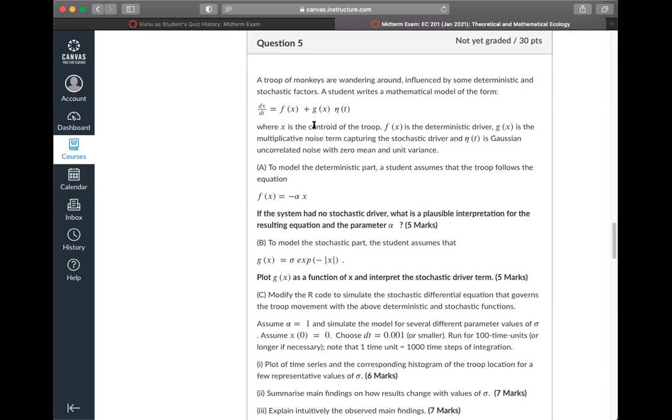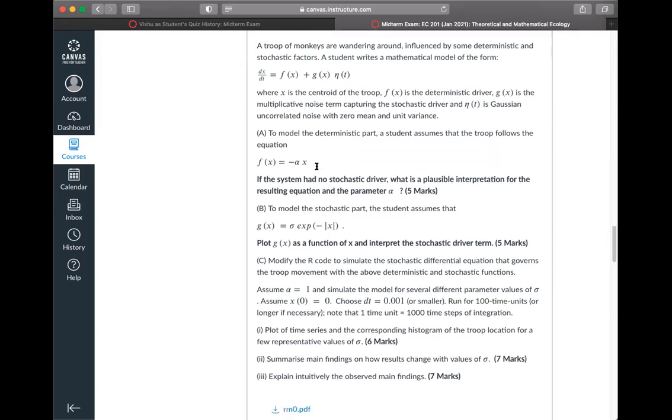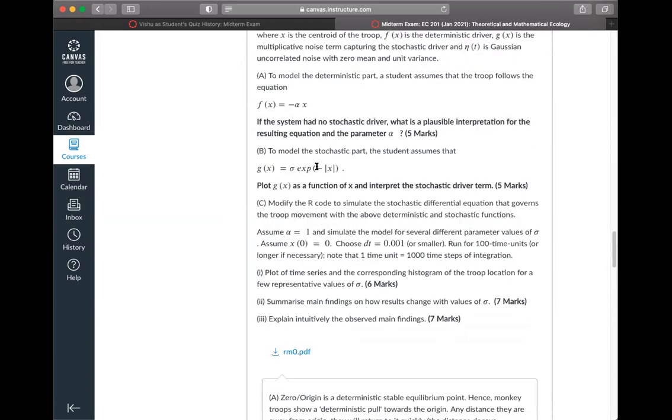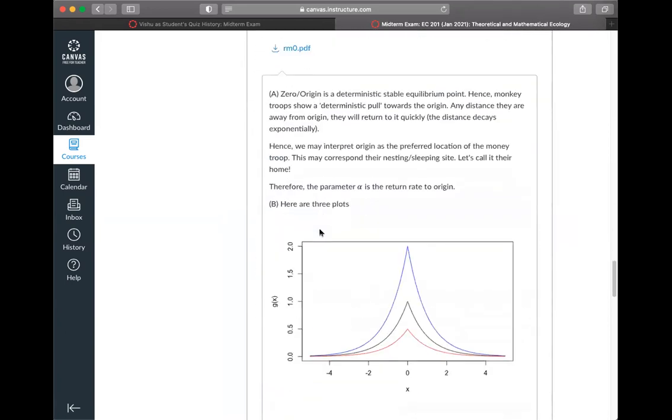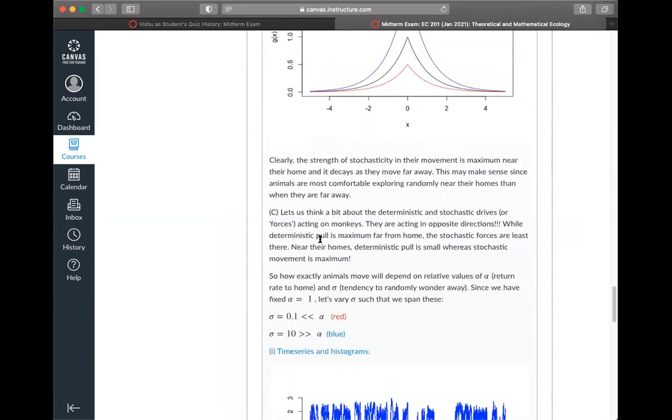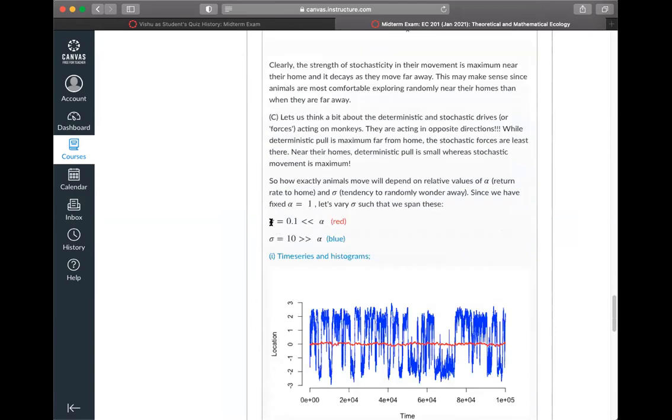Their effects might be comparable. Is that reasonable to assume? Assuming that g of x and f of x are also of similar order of magnitude, alpha and sigma can be comparable numbers. Now that I have fixed alpha equal to 1, what you need to do is consider different values of sigma.